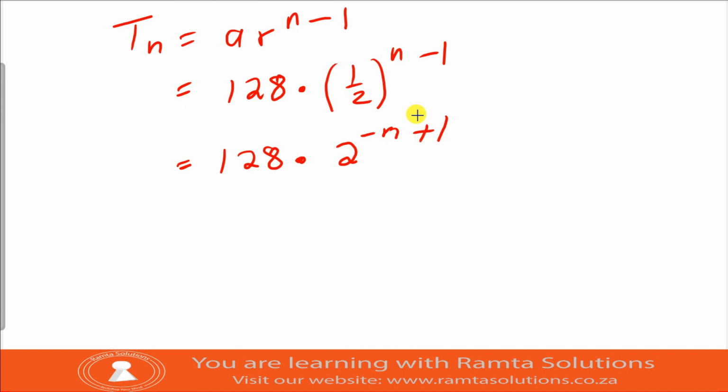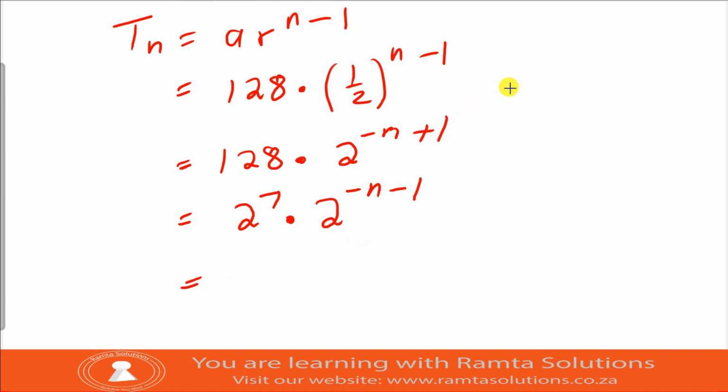Somebody says to me, 128, can it be 2 to the power something? 2 to the power 7. Come on, guys. You will kill me now. So, this is 2 to the 7 times 2 to the minus n plus 1. When bases are the same, we add exponents.